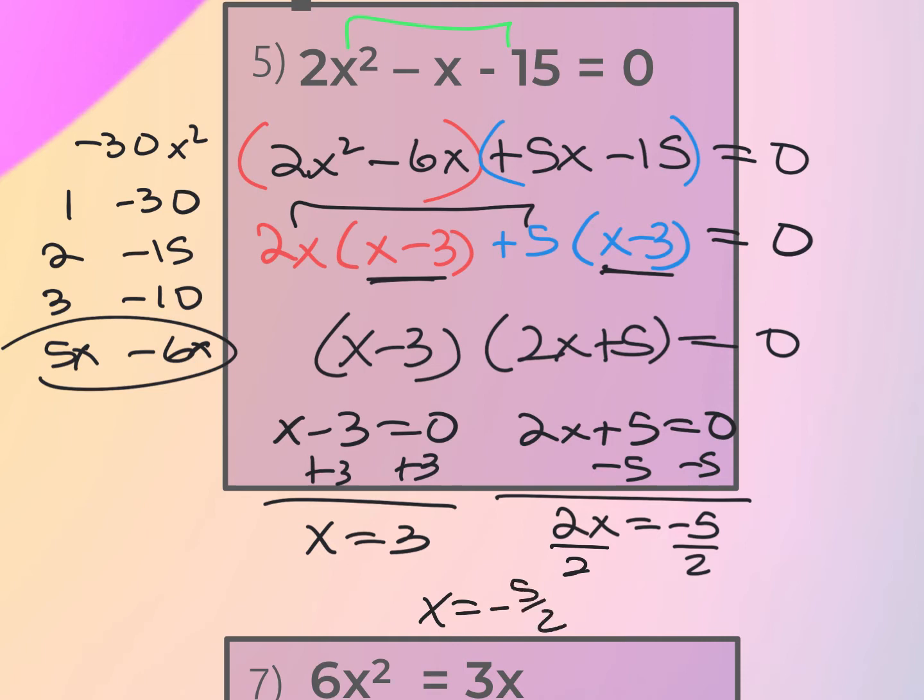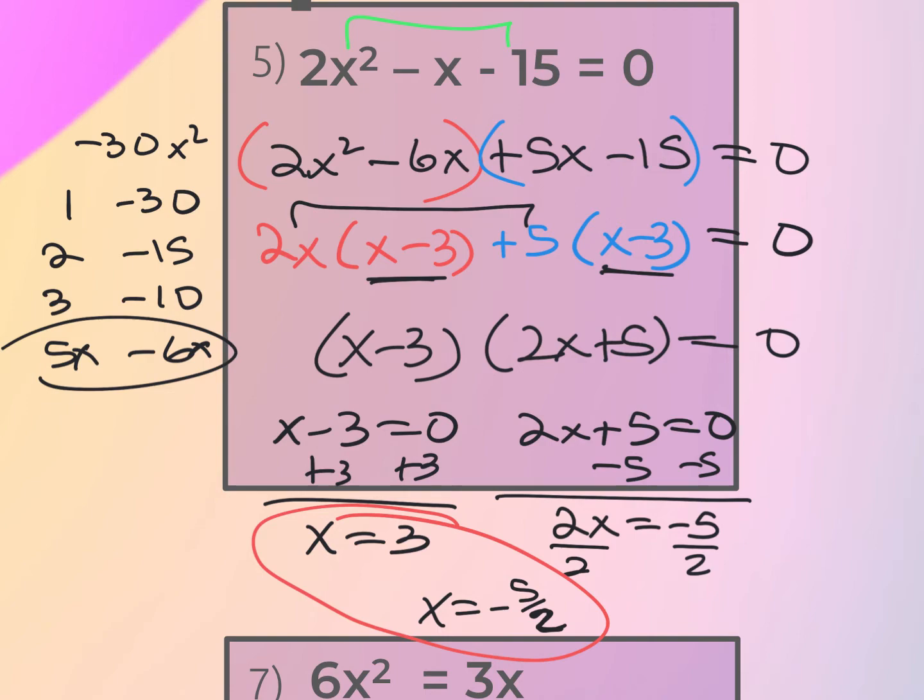I'm okay with you leaving that. When we get to the quadratic chapter and you're graphing this, you might want to make it a mixed number or a decimal, just so you'll know that you have to put that point at negative 2.5. But I'm okay right now with you leaving it improper.